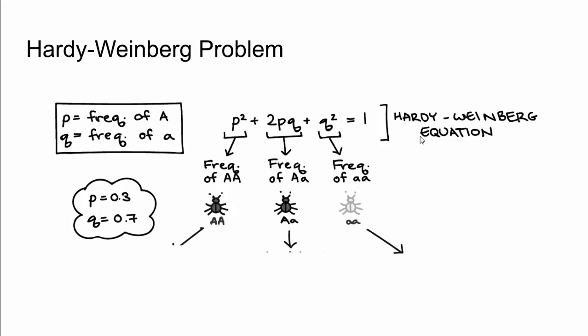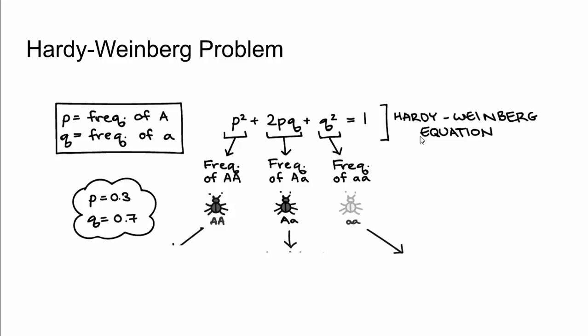In this population, which is at Hardy-Weinberg equilibrium, the frequency of the big A allele is 0.3. So 30% of the alleles are big A, and 70% of the alleles are little a, the recessive allele.